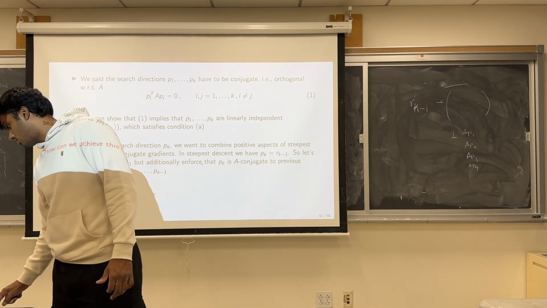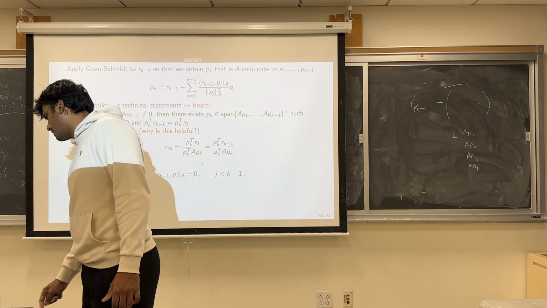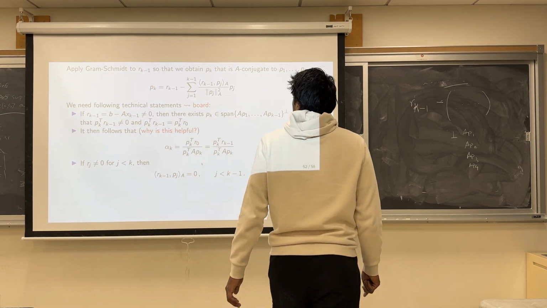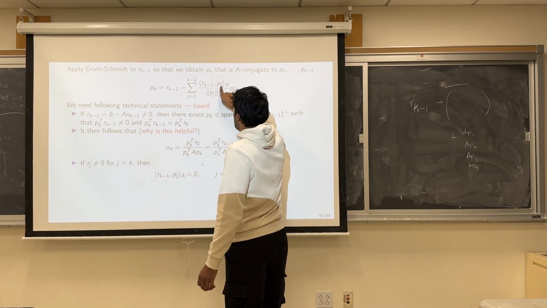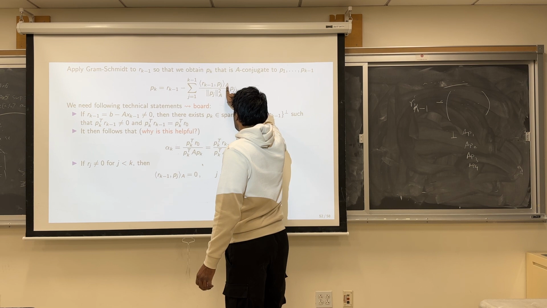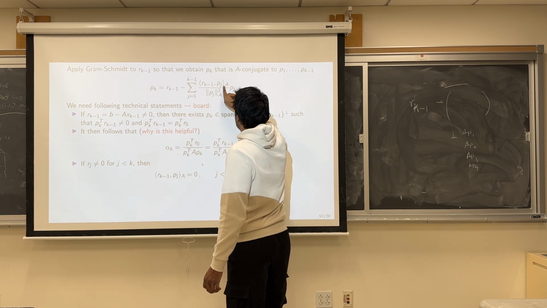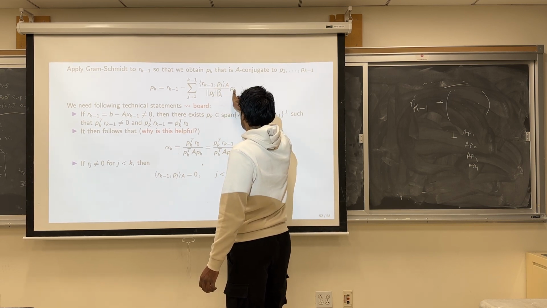I have to basically orthogonalize my r. So pk is rk minus 1, minus the sum of the inner product with pj in the A norm, because I want it to be A perpendicular, divided by the norm of pj, times pj.